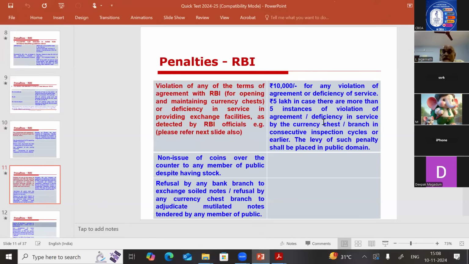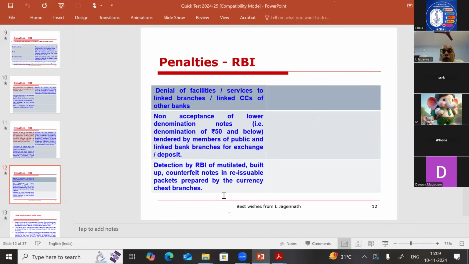Okay. Now, the other one is violation of any of the terms of agreement with RBI for operating and maintaining the currency chest, or deficiency in services and providing exchange facilities detected by RBI officials. For example, non-issue of coins over the counter to any member of the public in spite of having stock, refusal by any branch to exchange soiled notes, non-acceptance of lower denomination notes, denial of facility to link the currency chest to other banks, and detection by RBI of mutilated, counterfeit notes in reusable packets prepared by the currency chest branches.